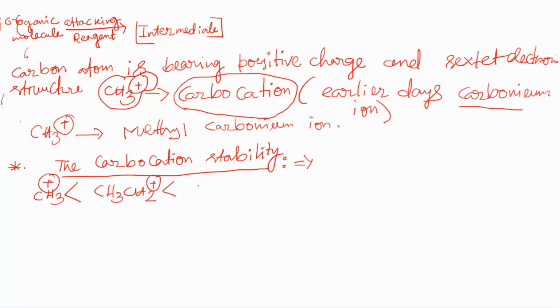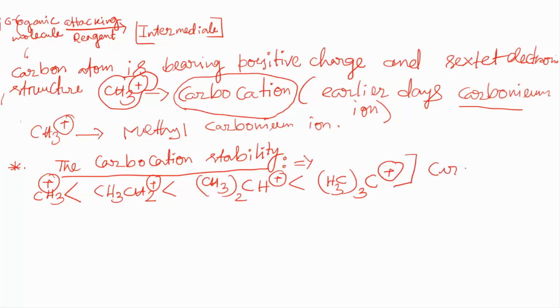Then the isopropyl cation, (CH3)2CH plus. And the most stable one is (CH3)3C plus. So this is the most stable carbocation.